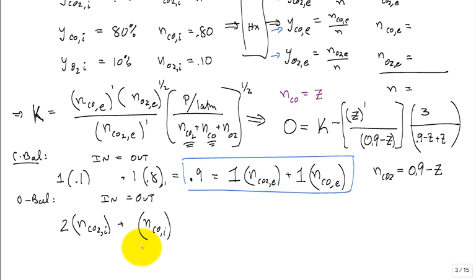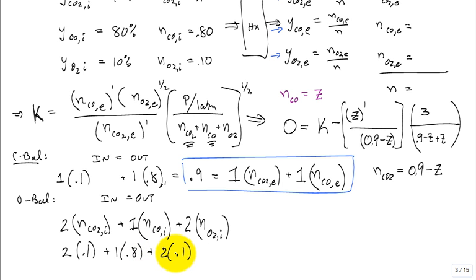For each CO coming in, there's 1 O. And for the number of moles of O2 coming in, I'll have 2 O's. Do each of those make sense? So we had 2 times 0.1 plus 1 times 0.8 plus 2 times 0.1 all coming in.